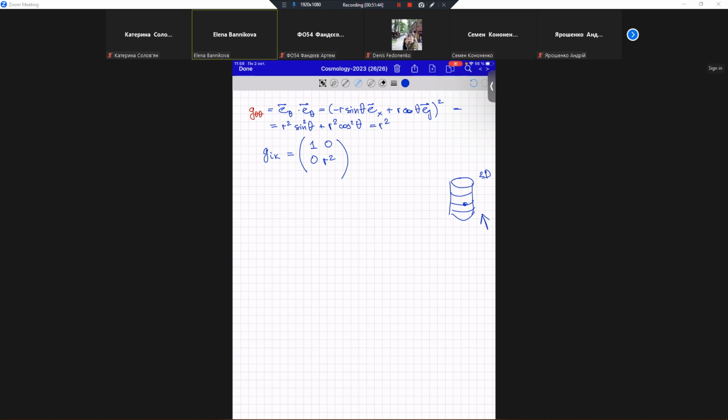No, the curvature of the space doesn't depend on the coordinate system. This question, which you asked, was very important. However, we can choose some part of this surface, and it will have a curvature radius, and it will not be zero.